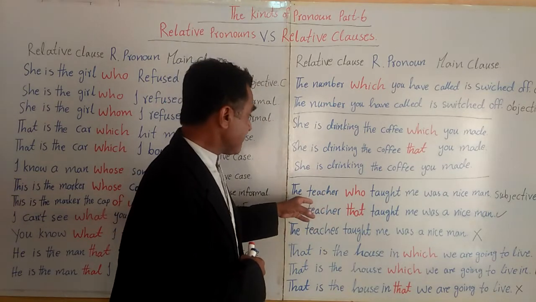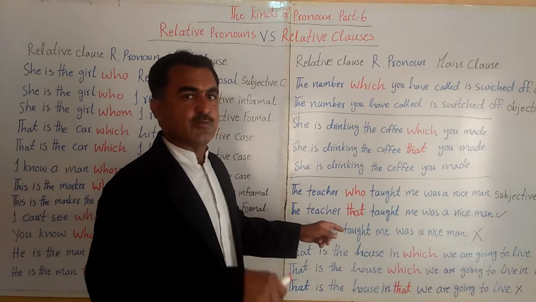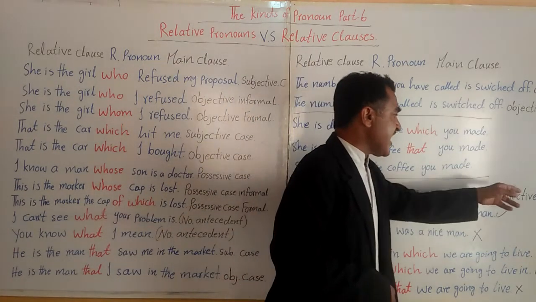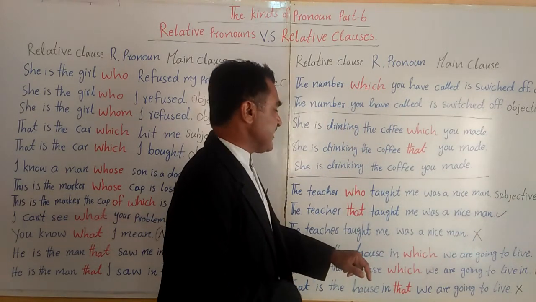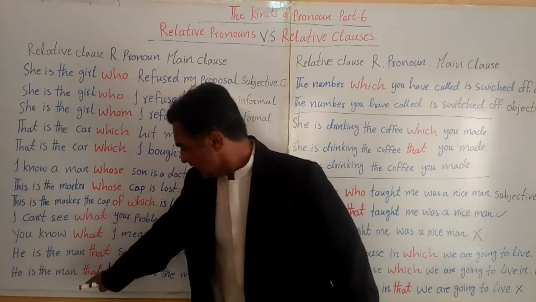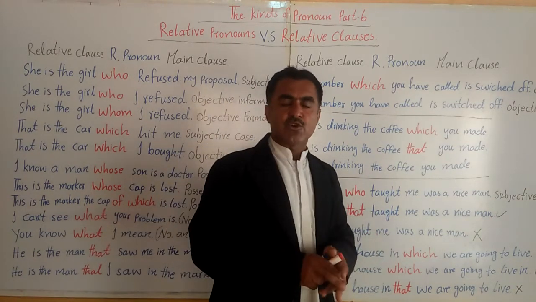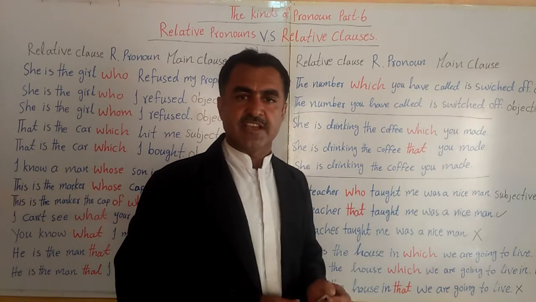In subjective cases, the teacher who taught me, now the teacher is the subject, I am the object. The teacher who taught me was a nice man. The teacher that taught me, here that has been used also, as I told you before, that you can use in many places in place of the relative pronoun.